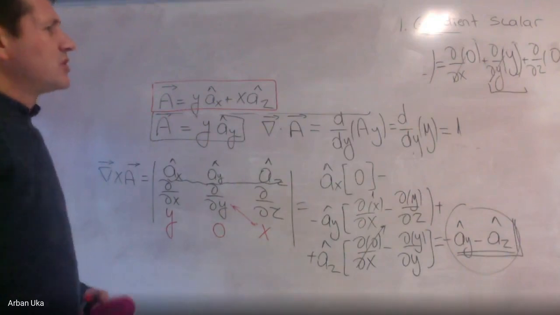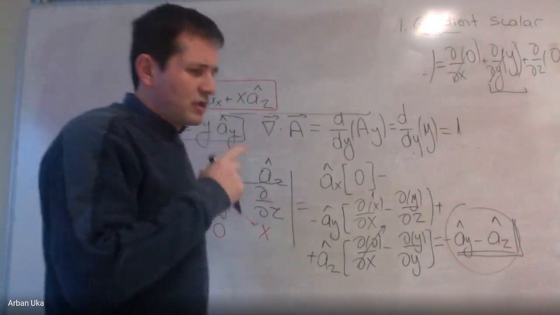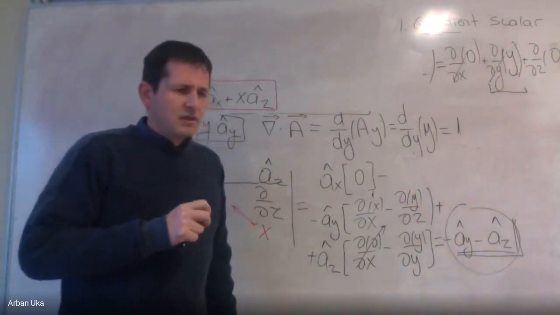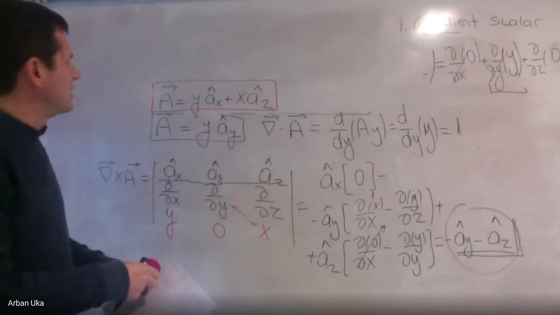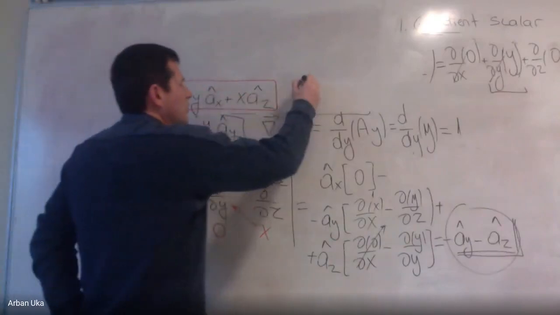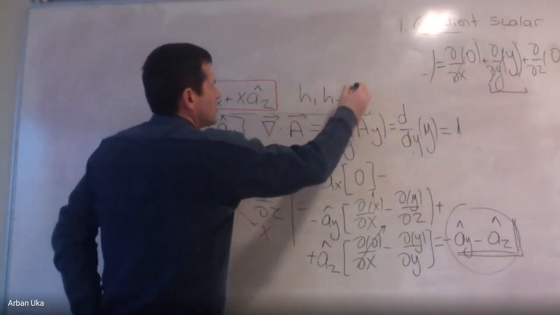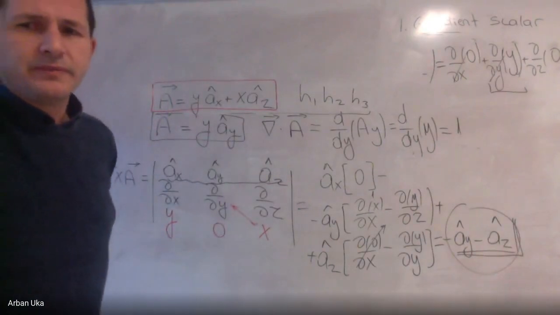Now, the divergence of a vector field, I want to remind you just for a moment that in the three orthogonal coordinate systems, including the spherical and the cylindrical, we had some components which we call H1, H2, and H3, right? Do you remember what these were?